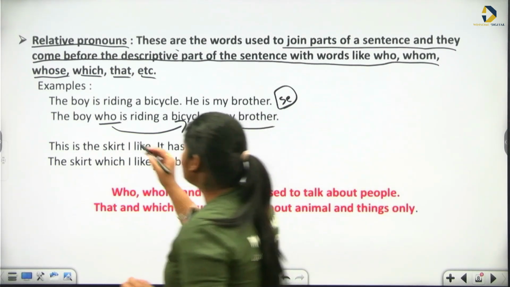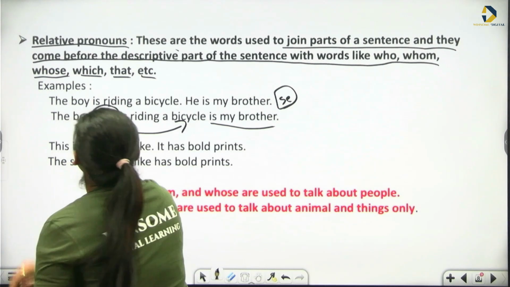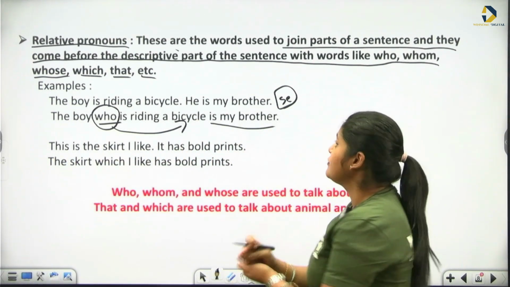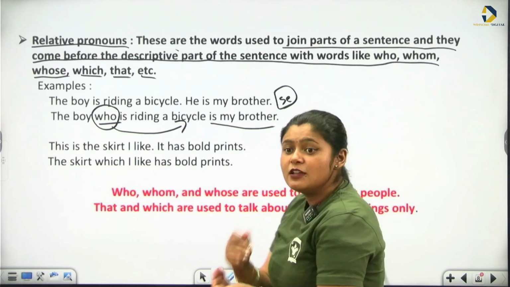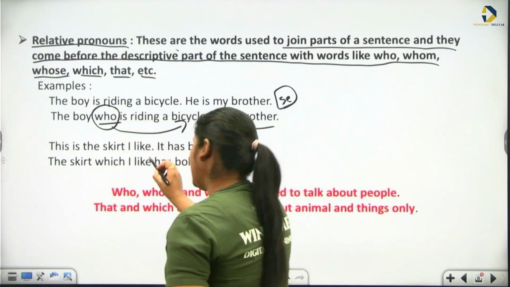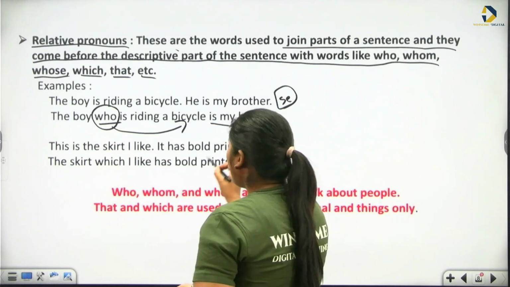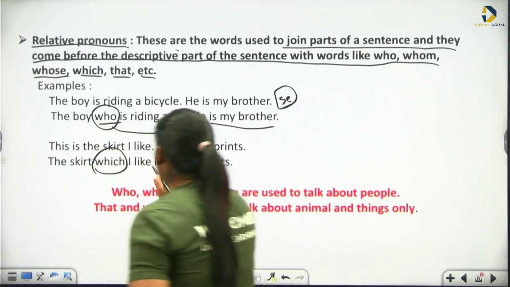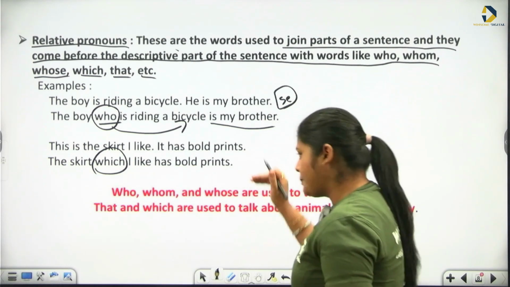So when we use pronouns like who, whose, which, that, etc., it is a descriptive part of the sentence. So it is a relative pronoun. Now see, this is the skirt I like. It has bold prints. The skirt which I like has bold prints.